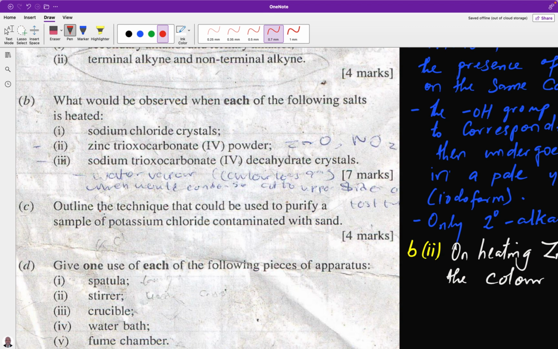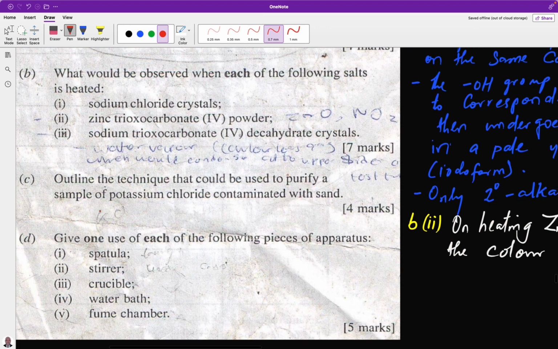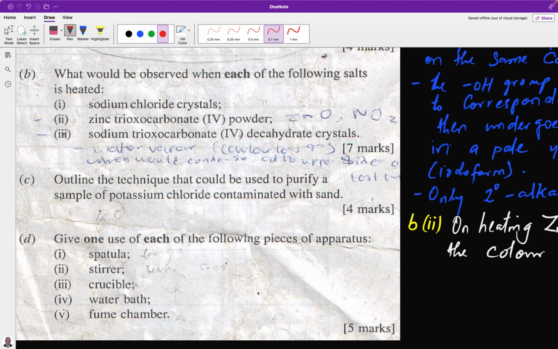You have dissolving, 2, filtration, 3, you need to wash the residue, and the last stage should be what we call crystallization, which will mean heating, washing, and drying. That is crystallization. So if you can mention all those, that is a separation technique for a mixture of soluble and insoluble substances.